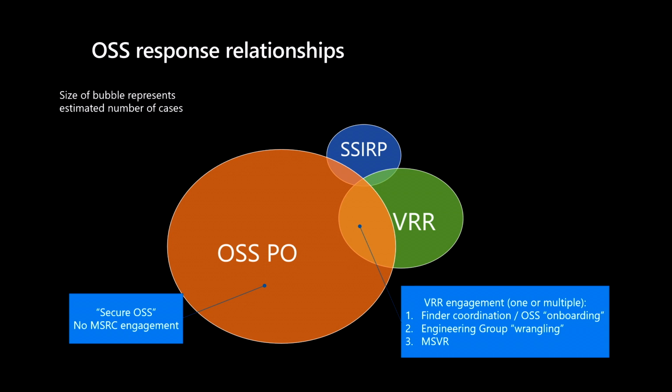Bullet number 3 there, Michael alluded to it this morning. This is the Microsoft Vulnerability Reporting Program. Basically, if any engineer or security professional at Microsoft finds a security vulnerability in a third-party component, we don't want them to be reporting to the maintainers or to a different organization if it's not OSS but a third party.